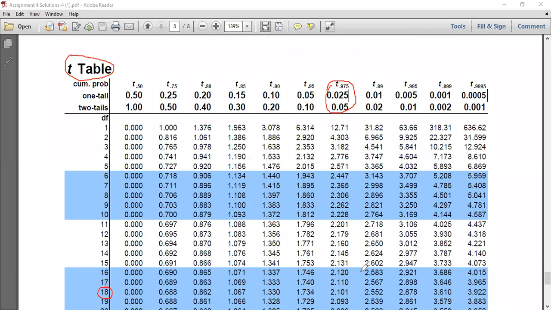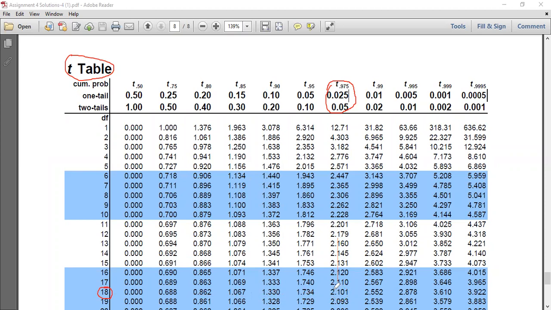So where the two are meeting, it's here. This side, it's 18, the degree of freedom.